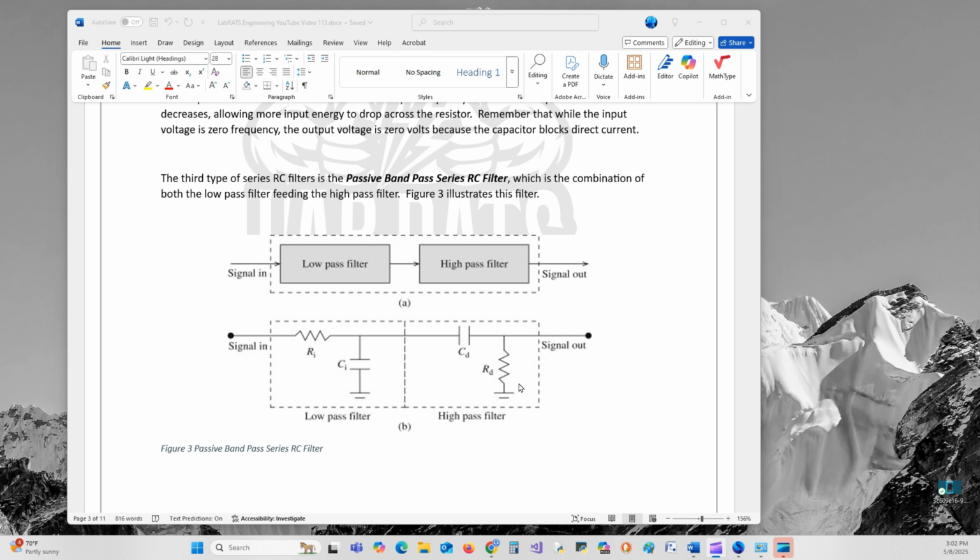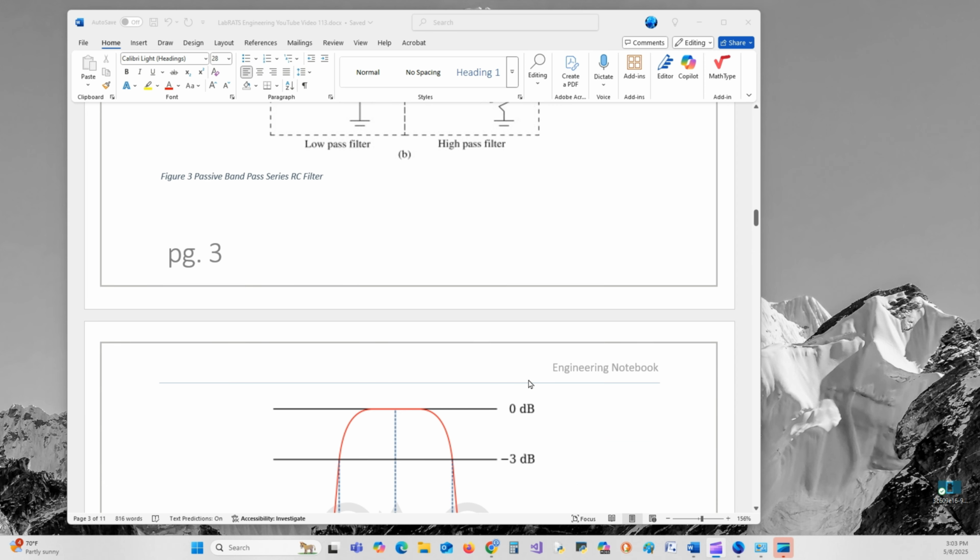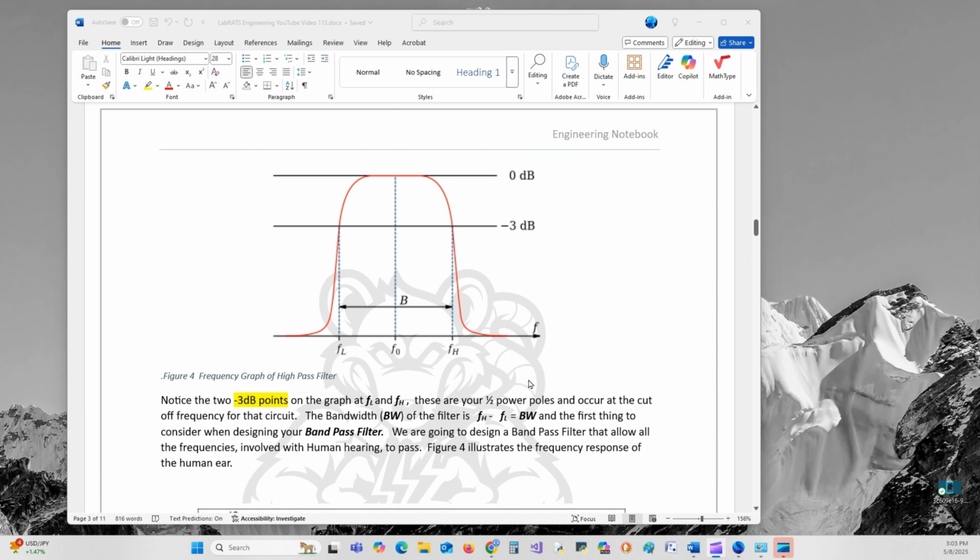And we want these to be equal because they act like a voltage divider, and they'll drop an equal amount of power over each one. When we plot the output of this, theoretically this is our high pass filter's cutoff, that's FL, and that's right here, the 3 dB point, and a 3 dB point for the low pass filter is right here, which is our high frequency cutoff point.